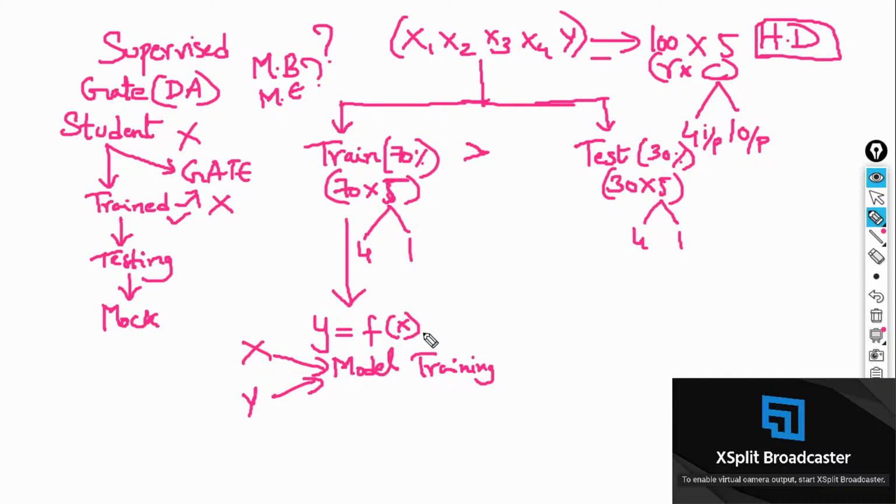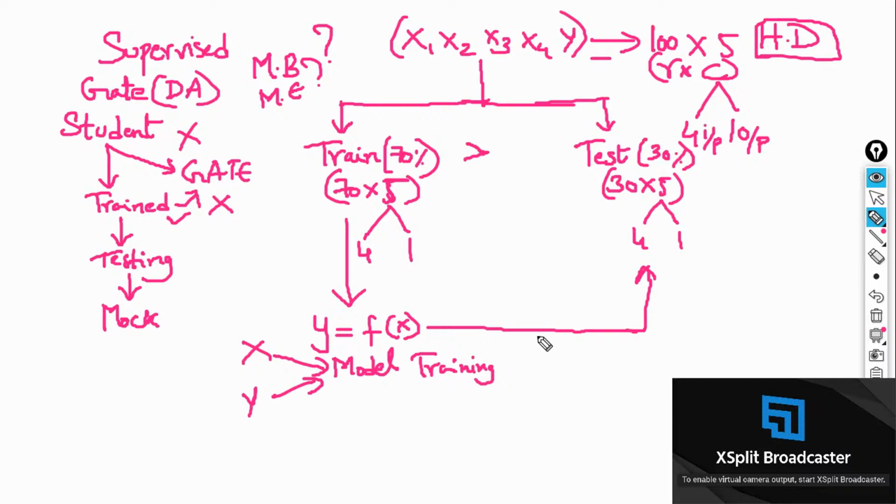Once model training is done, we'll take this model and work it on the test dataset. Model training is done. That means the equation has been generated, it got built.